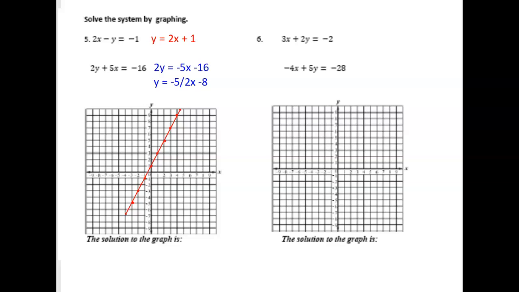So we're going to plot our y-intercept. So that's at negative 8. And my slope is down 5 over 2, so I can't see that to the right. So we're going to go up 5 and left 2.